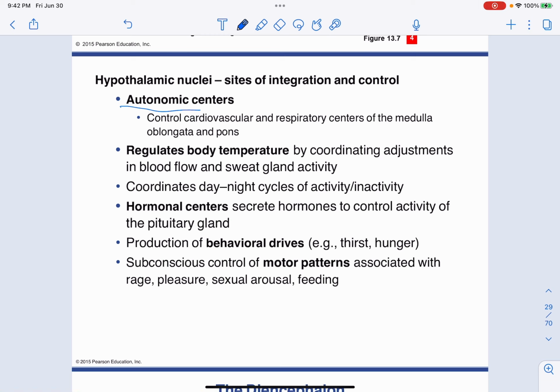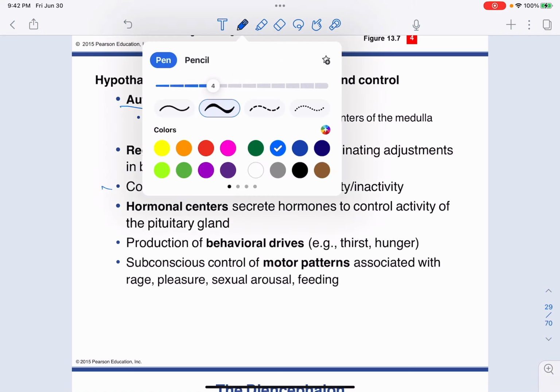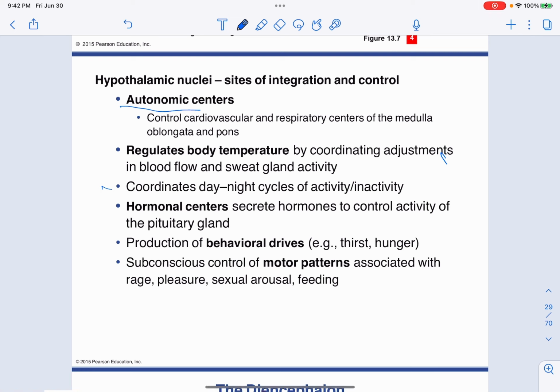The hypothalamus also plays a role in regulating body temperature. So it can adjust sweat glands and blood flow so that you don't get too hot or too cold. It's also going to work with the pineal gland to coordinate day-night cycles, with activity and inactivity.